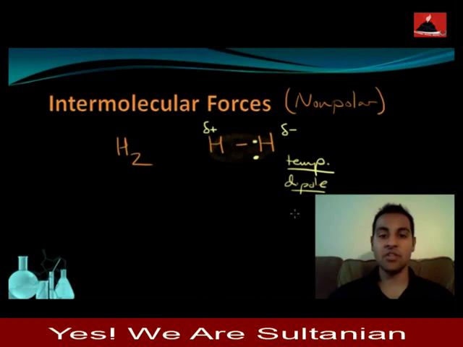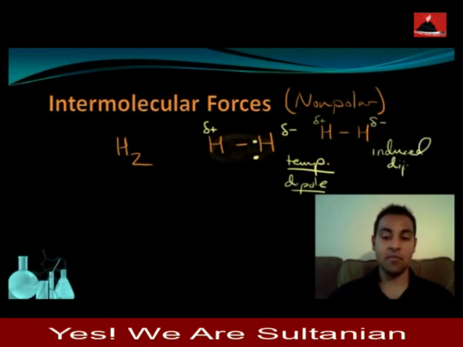But how does this matter for an entire collection of hydrogen molecules? Well, imagine for a second there's another hydrogen molecule right next door to this. The partial negative charge from this end of this hydrogen molecule is going to actually make this hydrogen positive because it's closer to it, and that will force the next hydrogen in the molecule to be negative. And so this other molecule has an induced dipole.